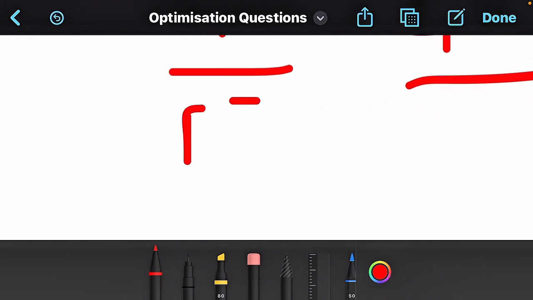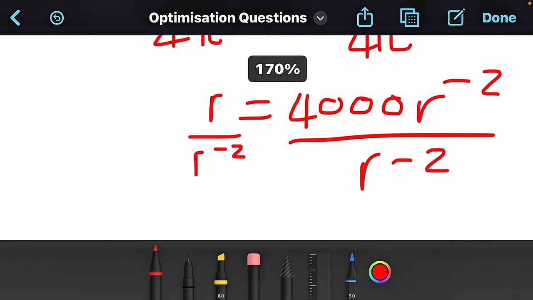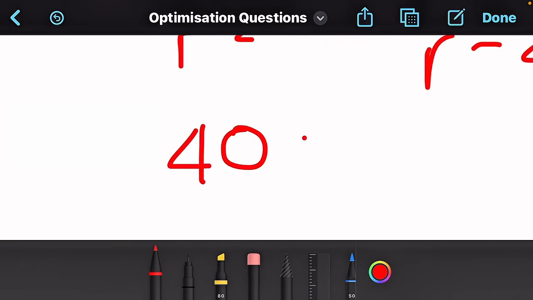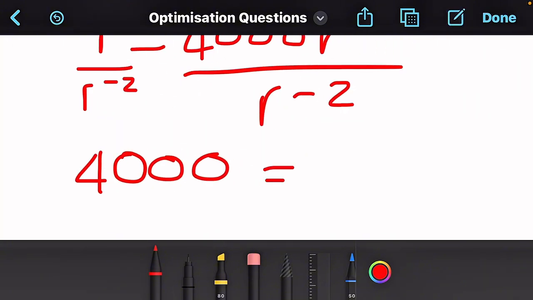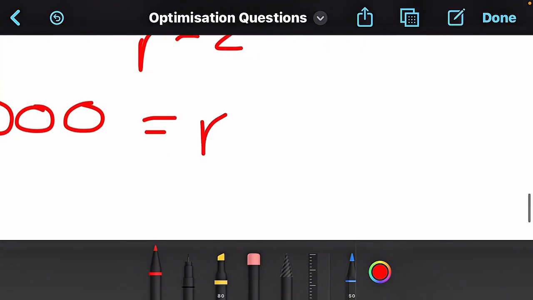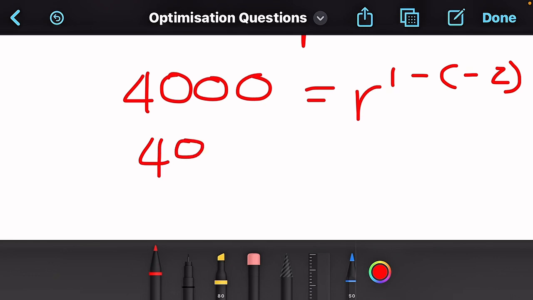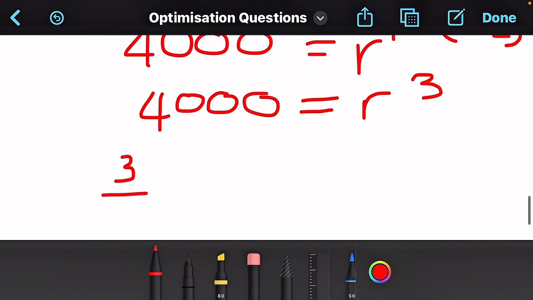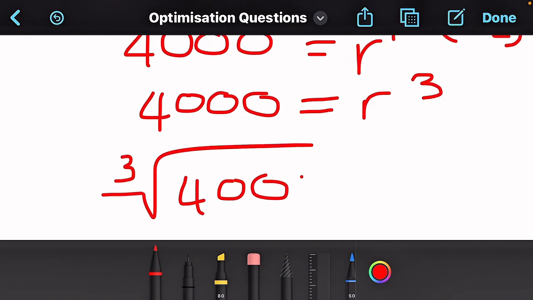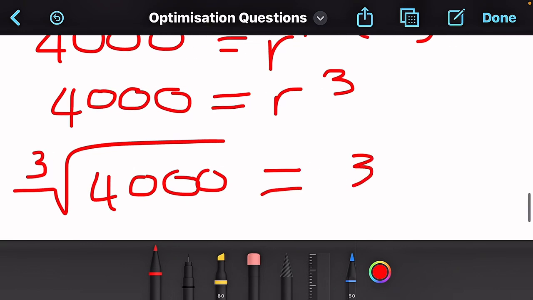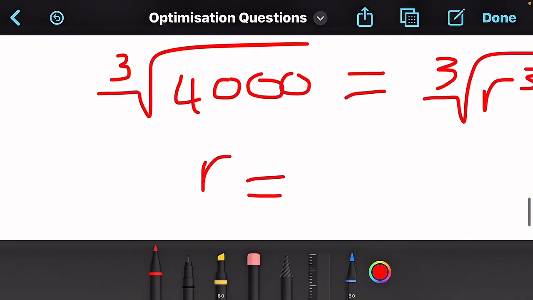And then we're going to be left with 4,000 is equal to r to the power of 1 minus negative 2, so 4,000 will be equal to r to the power of 3. And we'll have to cube root both sides.